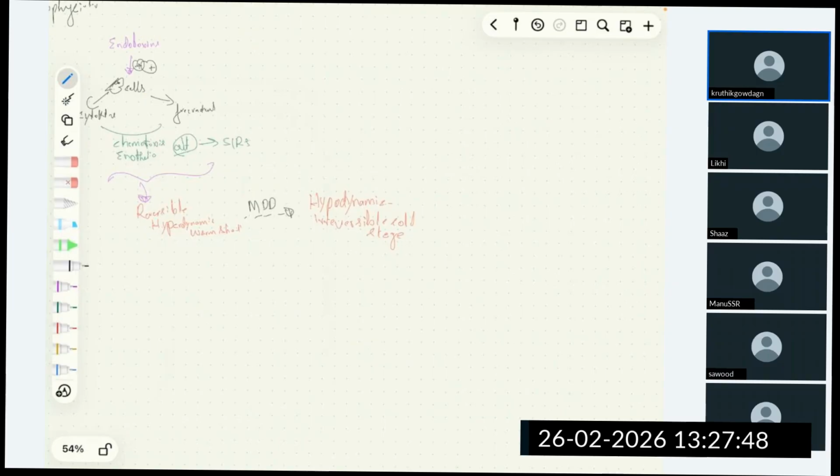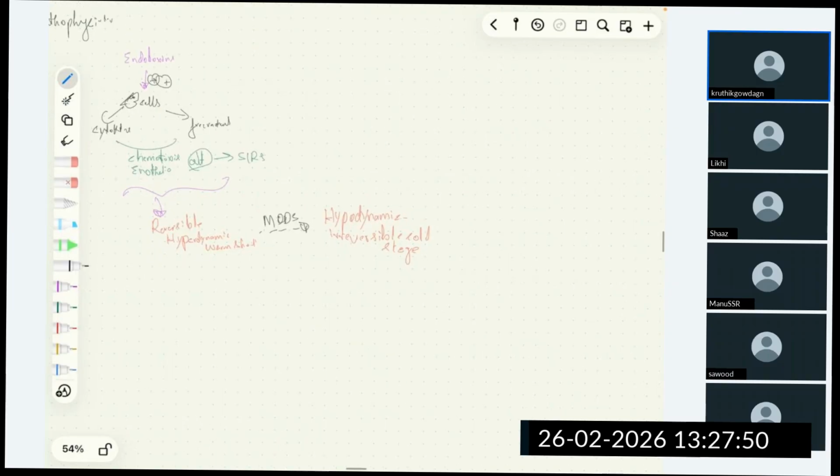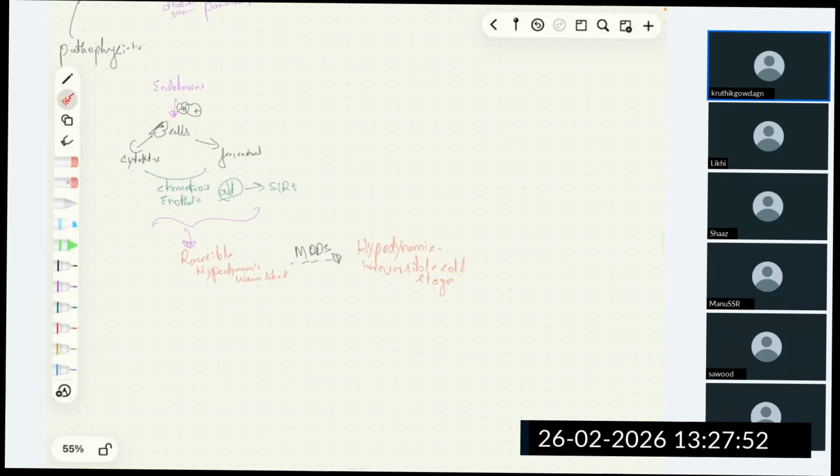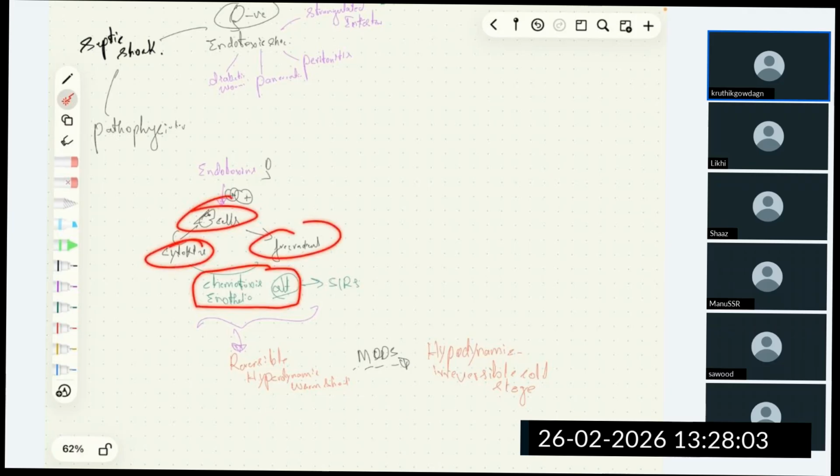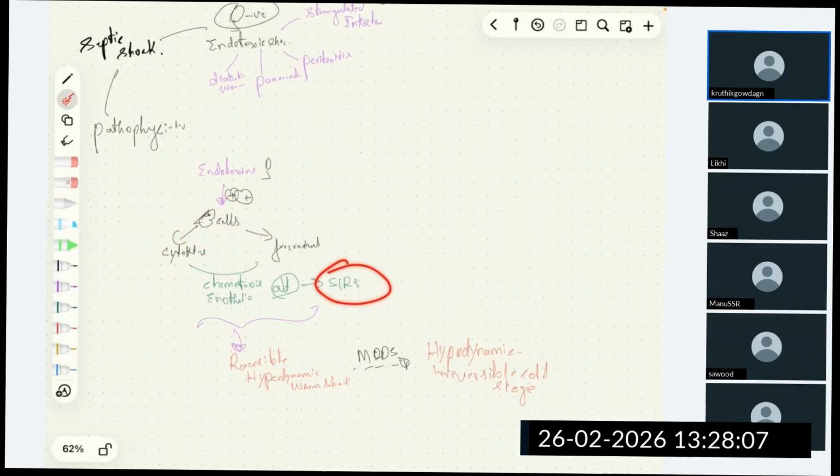What is the pathophysiology of septic shock? There is secretion of endotoxins by gram-negative organisms, which leads on to activation of inflammatory cells, which release cytokines and free radicals, causing chemotaxis and endothelial permeability impairment, leading on to systemic inflammatory response syndrome.